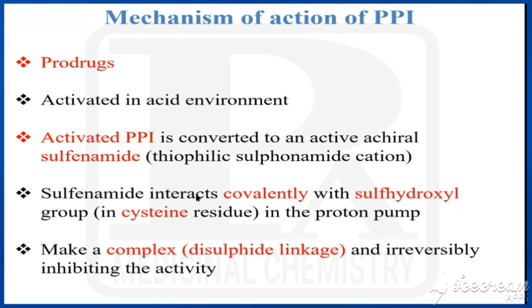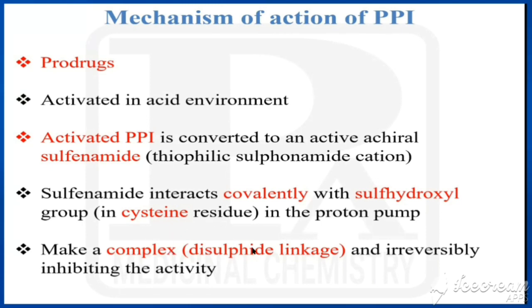This interacts covalently. How is the interaction? It is a covalent one. It reacts covalently with the sulfhydryl group present in the cysteine residue of the proton pump. What is the other name for the proton pump? It is called H+/K+ ATPase. So actually what happens there? This sulfonamide reacts covalently with the sulfhydryl group present in the cysteine residue of H+/K+ ATPase, and we get a complex.